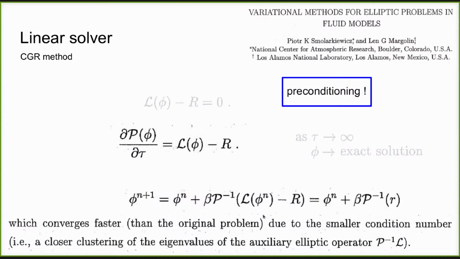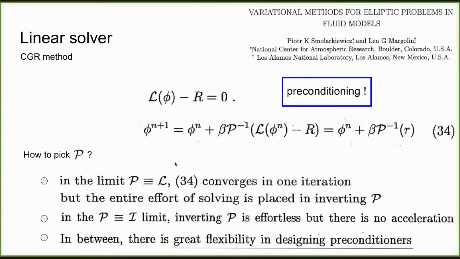And now, how do you choose this P? Well, if the preconditioner were the linear system, then the result would be the identity. The identity has all eigenvalues equal to 1, so you have very nice clustering, and you're going to converge very quickly. In fact, if you set beta to 1, I think this will converge in a single step.